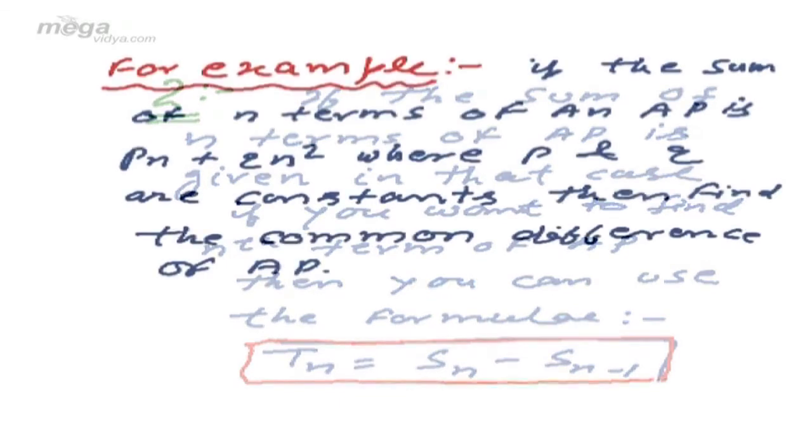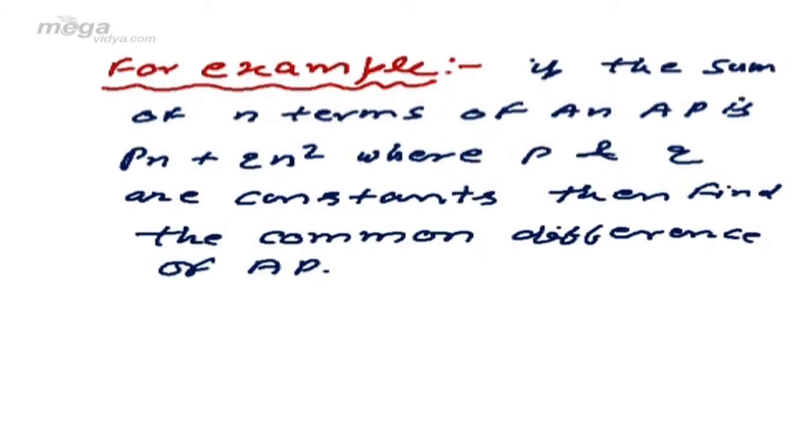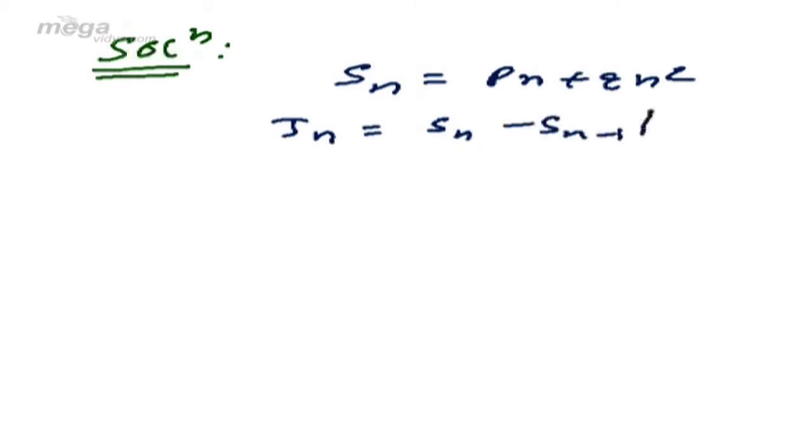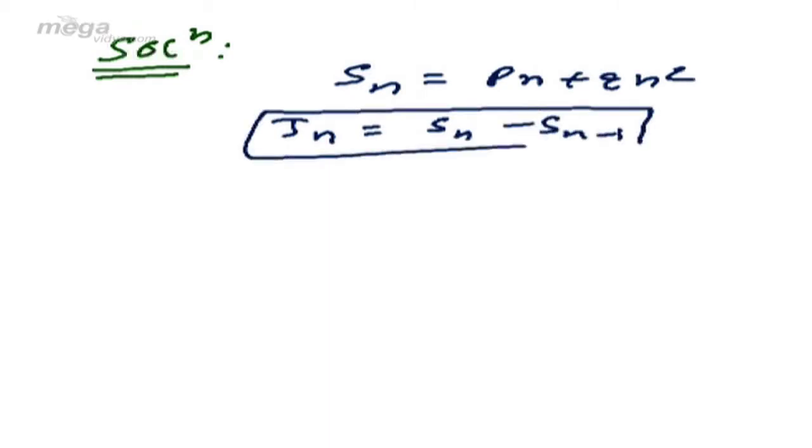For example, if the sum of n terms of an AP is Pn plus Qn square, where P and Q are constants, then find the common difference of the AP. That is, Sn is given as Pn plus Qn square. You already know Tn is equal to Sn minus S(n-1), which gives the nth term of the AP.